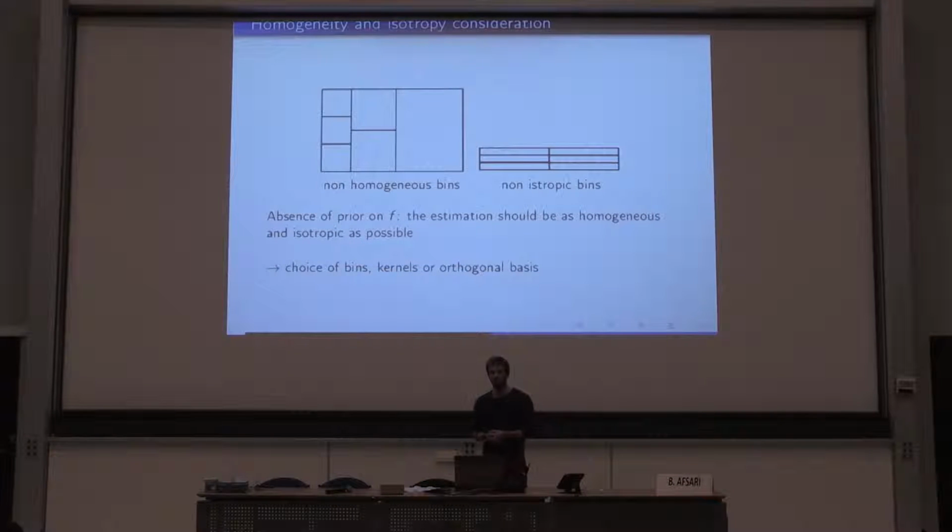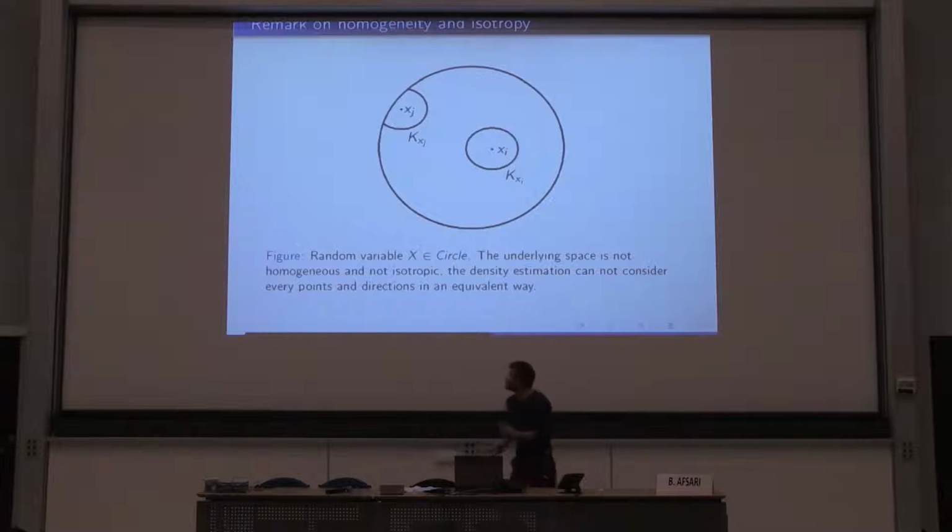The same goes for kernels and orthogonal series. However, on this small example, if the underlying space is a disk, we are working on a space which is not homogeneous. A Euclidean disk is not homogeneous or isotropic, so the estimation cannot be exactly homogeneous and isotropic, but the general idea is to be as homogeneous and as isotropic as possible.